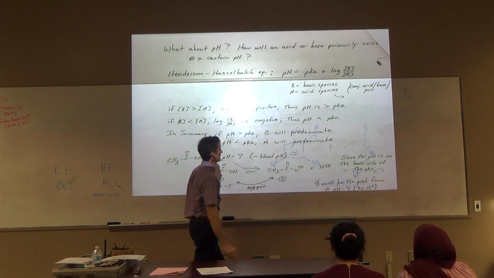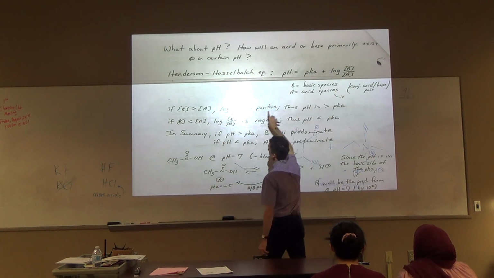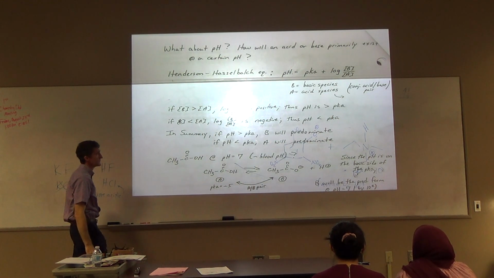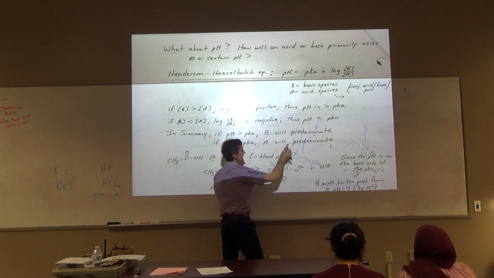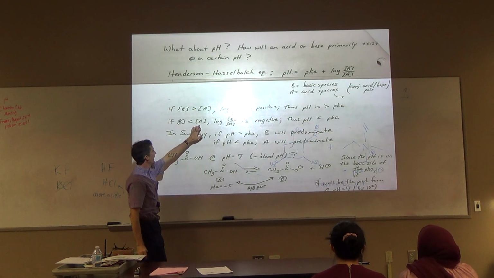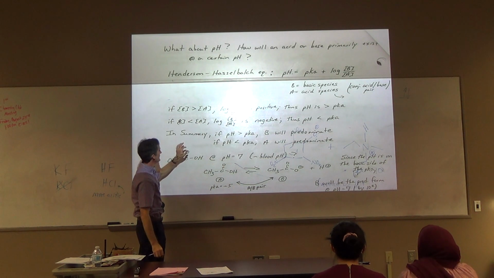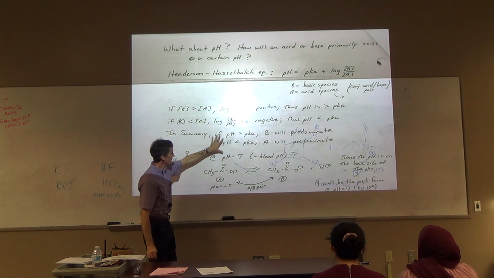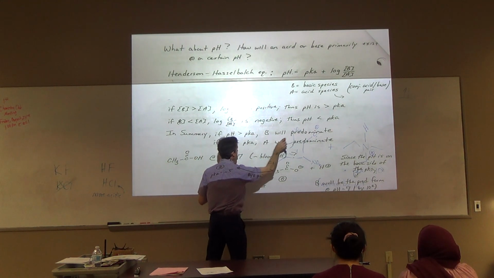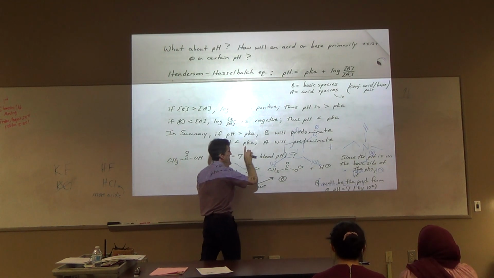Or we can say, if pH is greater than pKa, then B will be greater than A. On the other hand, if pH is less than pKa, A will be the predominant. Here it's summarized better. If pH is greater than pKa, B will predominate. If pH is less than pKa, A will predominate.